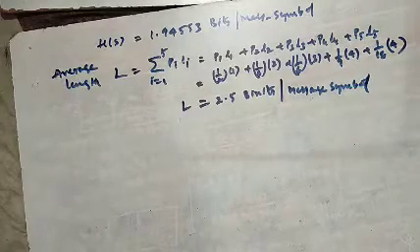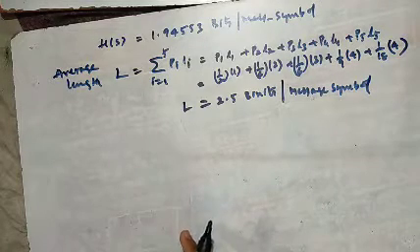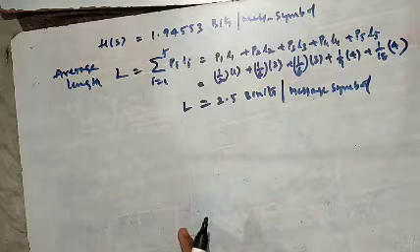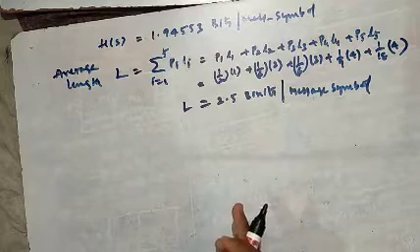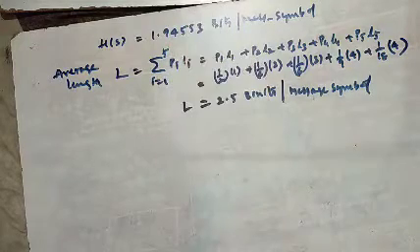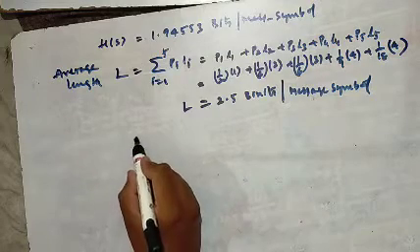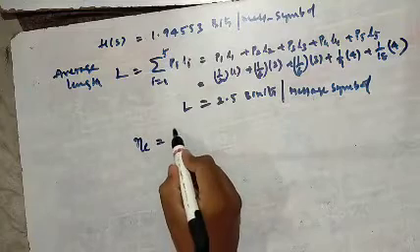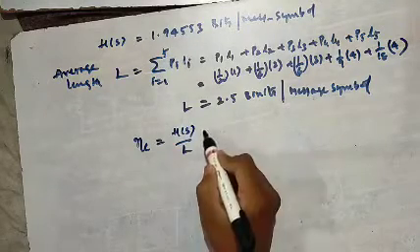I have to find the efficiency of the coding. As per the probability, only probability, you have that entropy is 1.94553, and according to what we have coded for that particular coding, we have got that average length is 2.5. So efficiency is equal to eta C is equal to H of S divided by L. What is H of S?